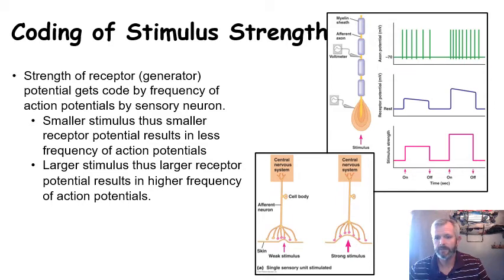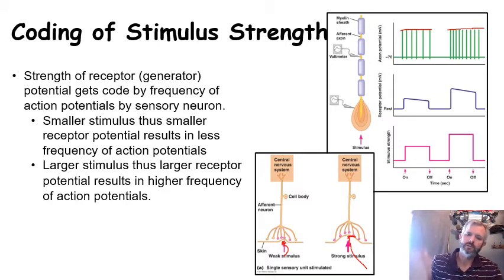Say here's our receptor. I'm getting a weak stimulus, weak pressure on here, but it's above threshold, so I'm sending action potentials, but the frequency for that weak signal is much slower than the frequency of signaling that I would get with a strong stimulus.